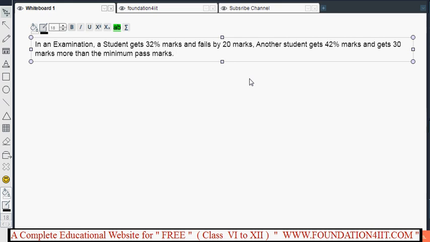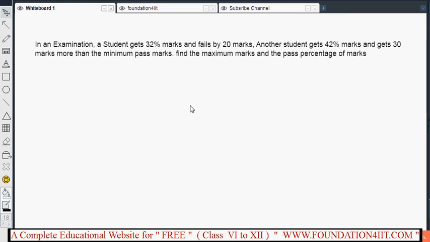Okay, this is the given data. Now find the maximum marks and the pass percentage of the marks. Okay, so important question.